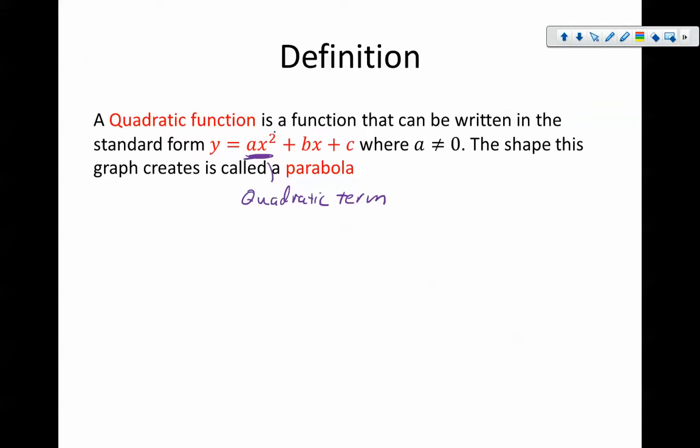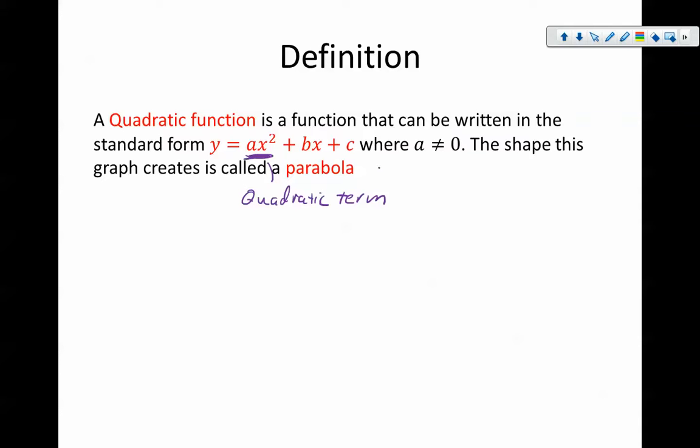Notice that it is being squared. If we were to ignore this and just look at the bx plus c, well, that's a line, right? That's mx plus b, right? So this addition of a squared term is what makes it quadratic. And quadratic functions will behave differently than lines will, okay?